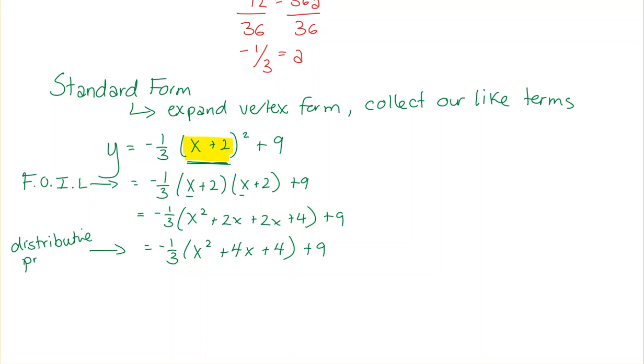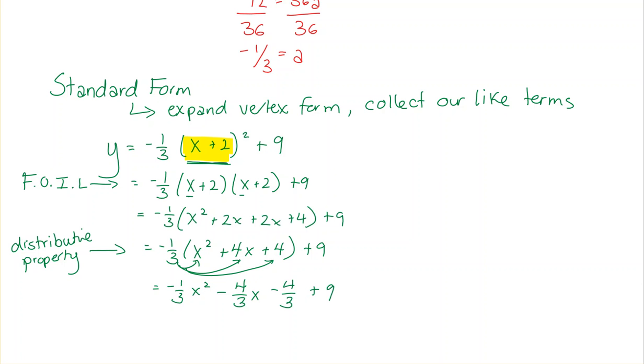So that -1/3 in front of your brackets, you're going to distribute into each term inside the brackets by order of multiplication. -1/3 times x squared is -1/3 x squared. Okay, -1/3 times 4 is just -4/3, and x, and then the same thing here, -4/3, and you still have this plus 9.